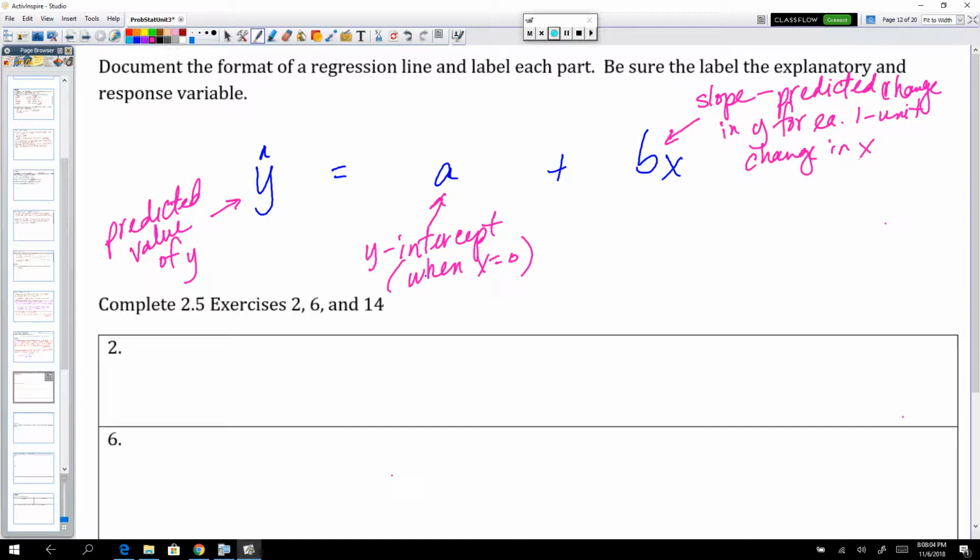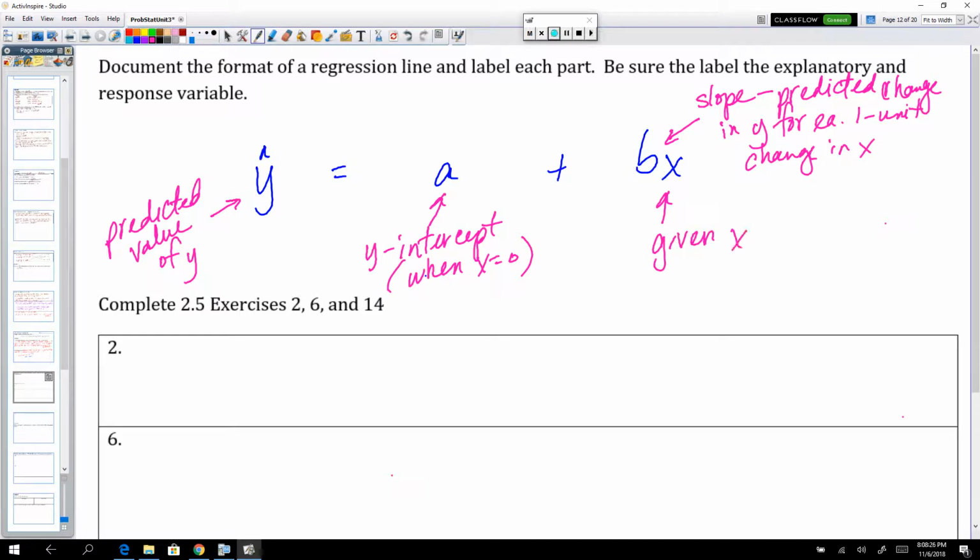And when you're interpreting slope, you need to use that wording, okay? If b turns out to be a value of 2, that means the predicted change in y is 2 for each 1 unit change in x. And then of course, x is x, it's always your given value of x.